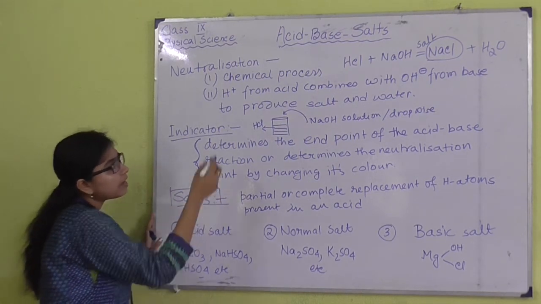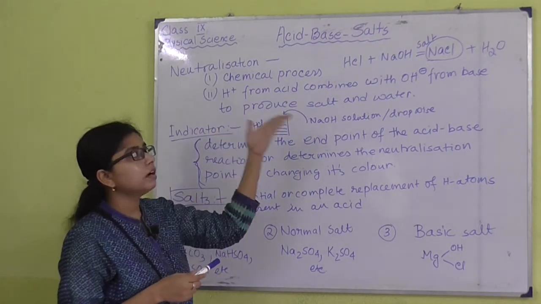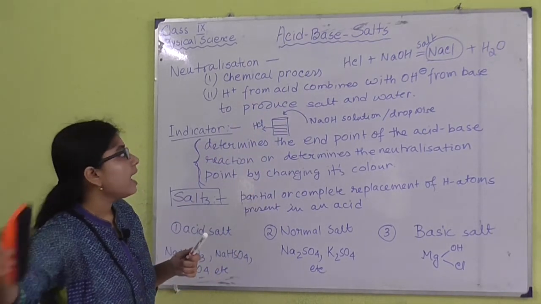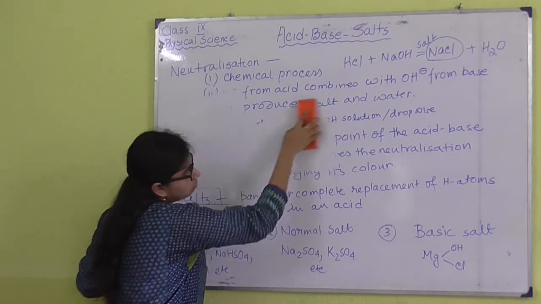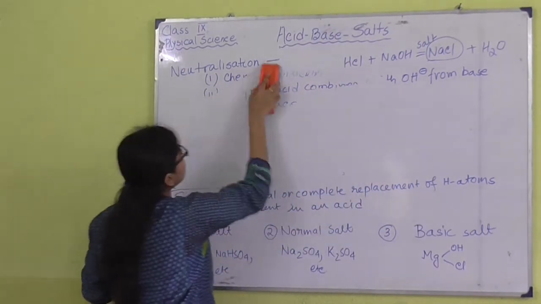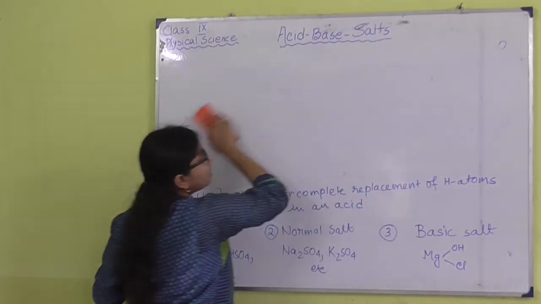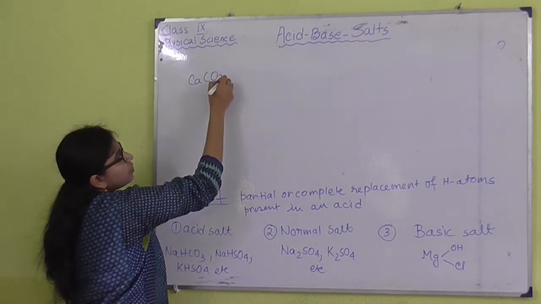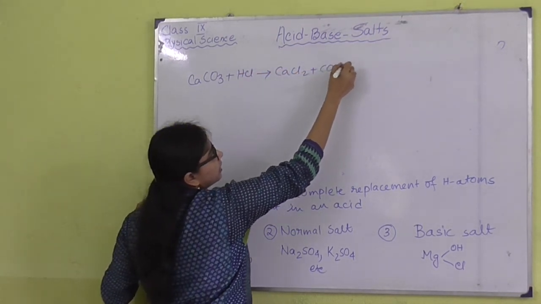What is salt? I have also mentioned here that if I add an acid to a base, it will give us a salt. Okay. And not only by acid and base, we can also get salt by reacting it with another kind of salt. Okay. Like suppose in the previous reaction, in case of stone cancer, I have written one reaction, there CaCO3 plus HCl forming CaCl2 and carbon dioxide and water.